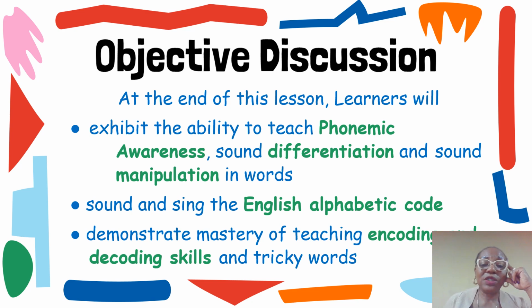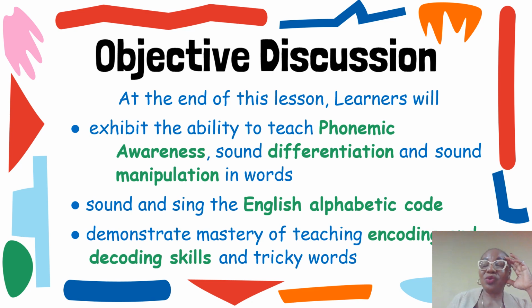So the objective of this lesson, once again, at the end of the lesson, learners will be able to exhibit their ability to teach phonemic awareness. They'll be able to do sound differentiation exercises, sound manipulation exercises, and then we're going to try to sing the English alphabetic code in sound. We're going to sound and sing.